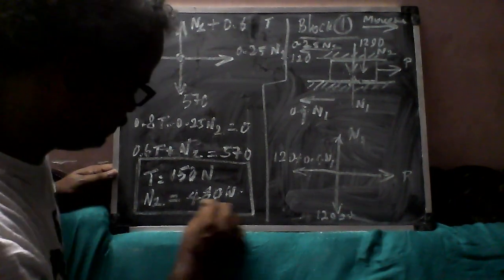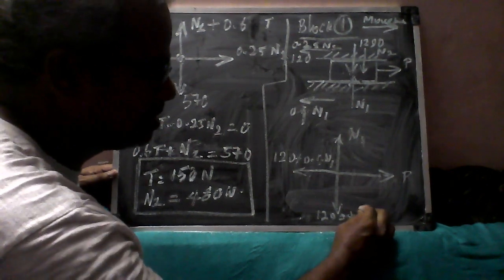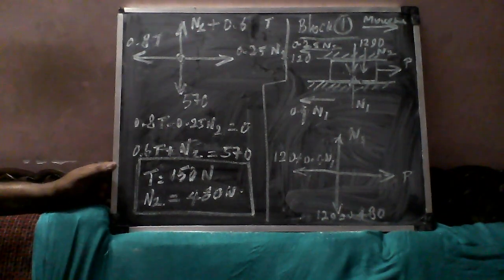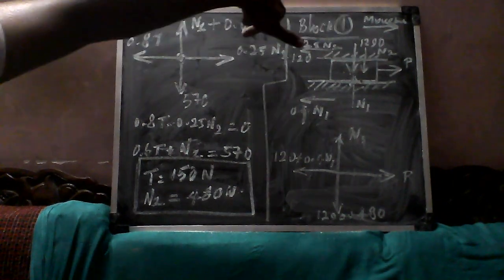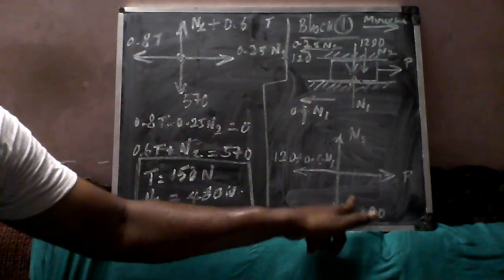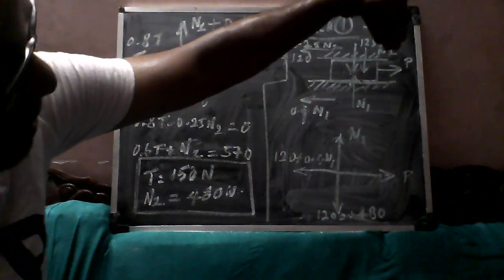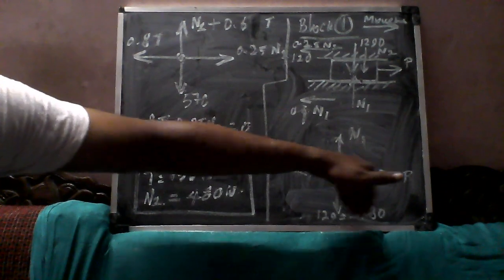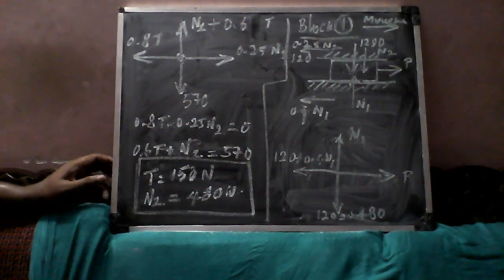N2 value is 480. So by solving this, I have P, I have 0.25 N2 plus 0.4 N1, and I have N1 upward. There will be two loads, 1290 and N2. N2 is 480. So I have added.